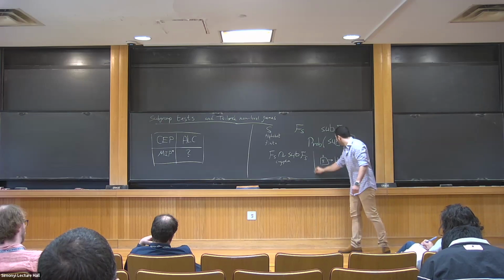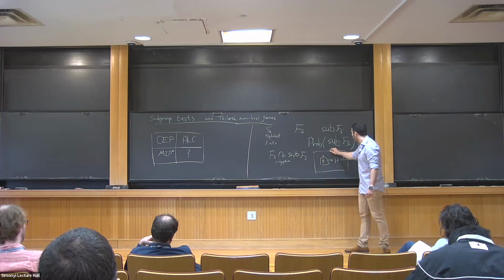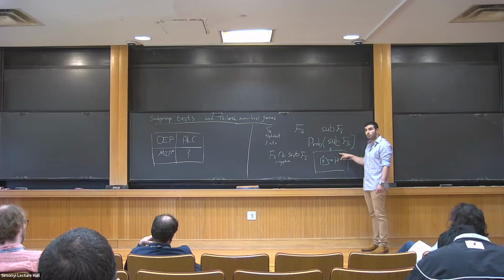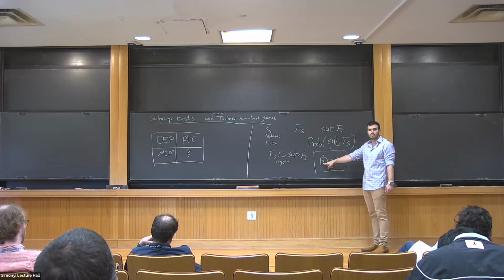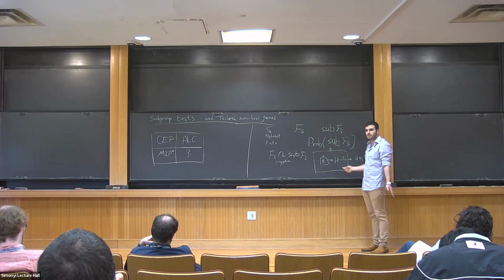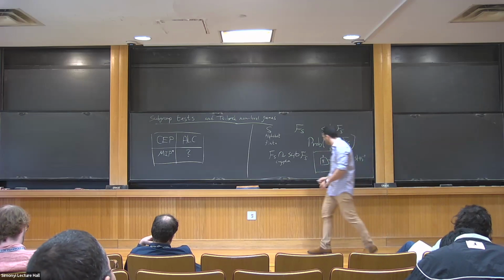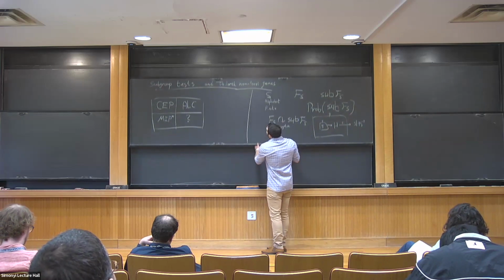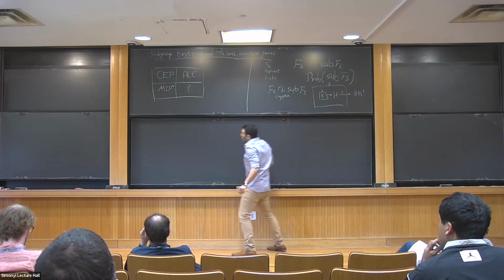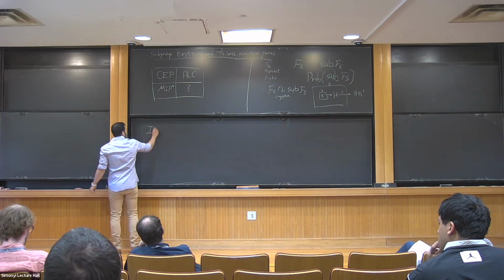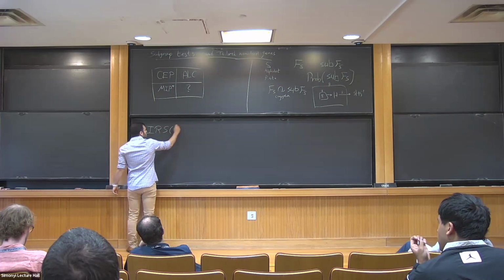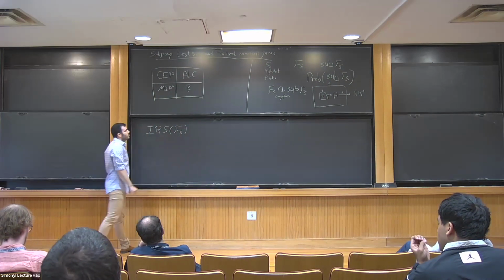If I do that, I get a new probability distribution. I want this new black box to be the same as the old one. This is called an invariant random subgroup. Okay, for any S this is satisfied, it's called an invariant random subgroup, and we denote them by IRS of the free group.